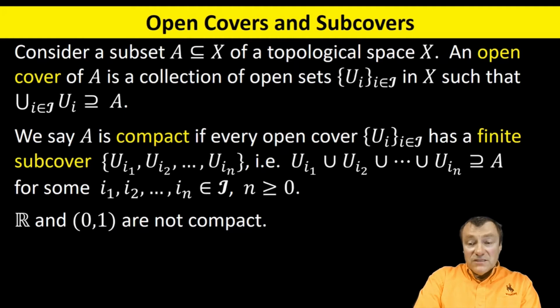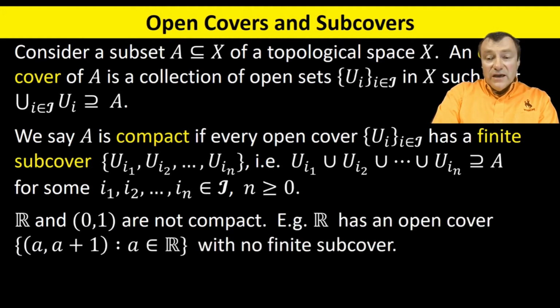Here are a couple of examples of sets that are not compact. To see that the real line is not compact, consider the set of open intervals of length 1. Clearly, the real line is covered by these open intervals of length 1. And clearly, a finite number of these open intervals can never cover the entire real line, since for n intervals of length 1, their union will have total length at most n, which is finite.